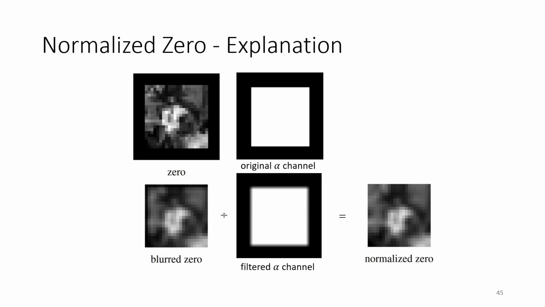Then you apply the image filter on both of them, so you generate the blurred zero-padded image and a blurred alpha channel. Then you divide the two images pixel by pixel, and you will generate the normalized result.